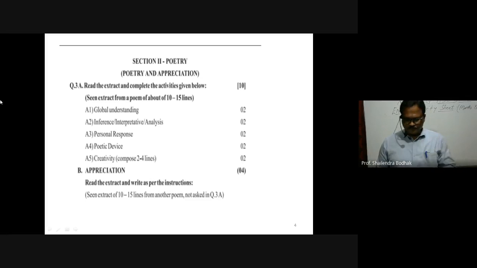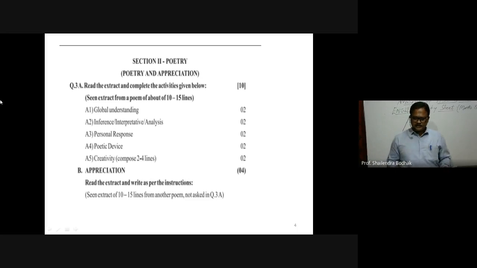Okay, so in today's lecture we have discussed section 1 prose and section 2 poetry. We have analyzed, no, the board pattern. Then in my next lecture we will see writing skills.